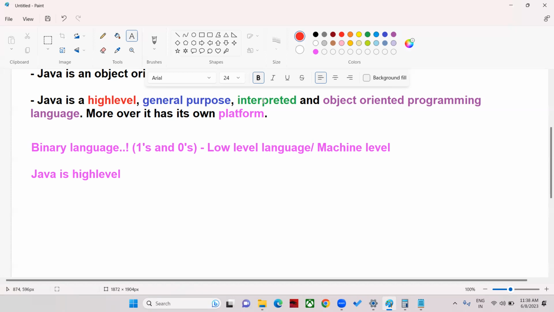So if I write the code in Java, how does this machine understand?